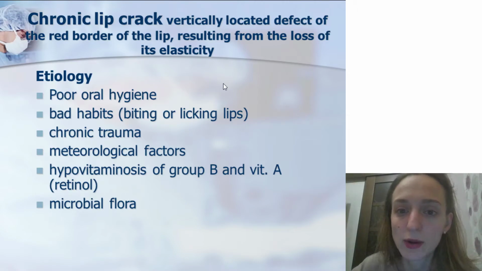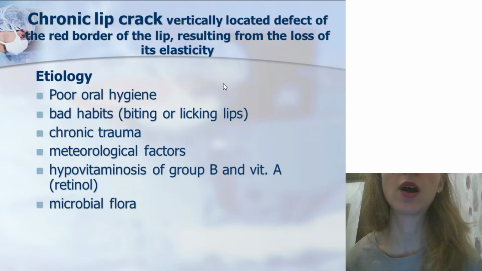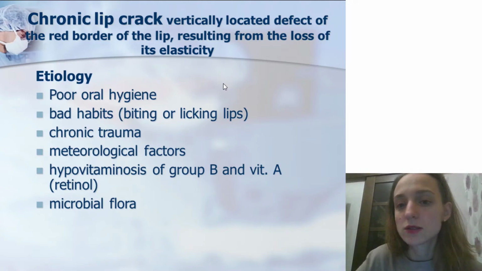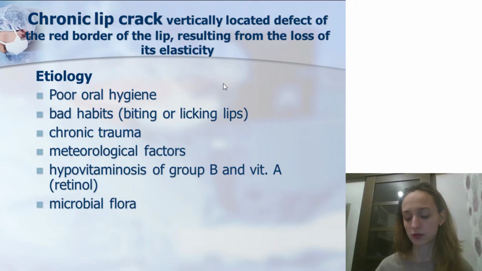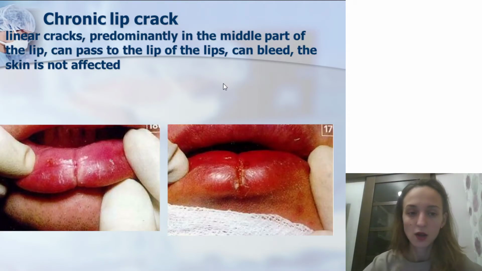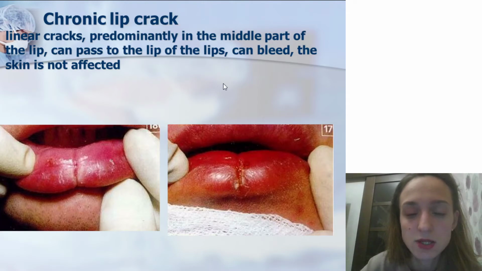Chronic lip crack: a vertically located defect of the red border of the lip, resulting from the loss of its elasticity. Etiology: poor oral hygiene, bad habits, chronic trauma, meteorological factors, and hypervitaminosis of groups B and A. And of course, microbial flora. The crack is located predominantly in the middle part of the lips, can pass to the lip mucosa, can bleed, and the skin is not affected.